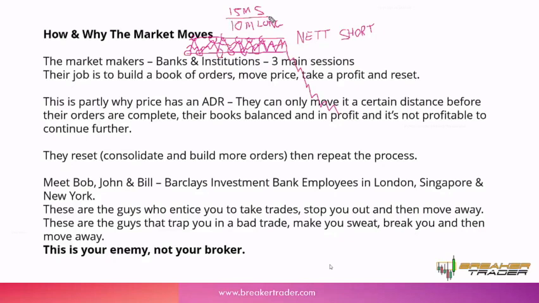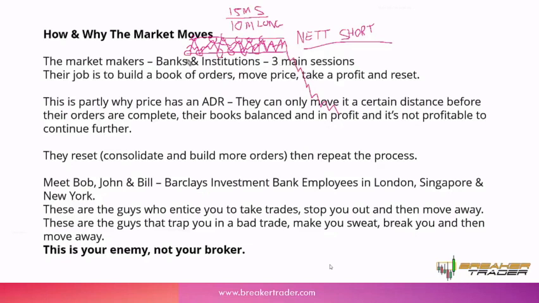So they are what's called net short. They've got more shorts than longs. So if the market goes down, they're going to make the difference there, roughly. I mean, the maths isn't really important. What's important is you understand what's happening behind the scenes.